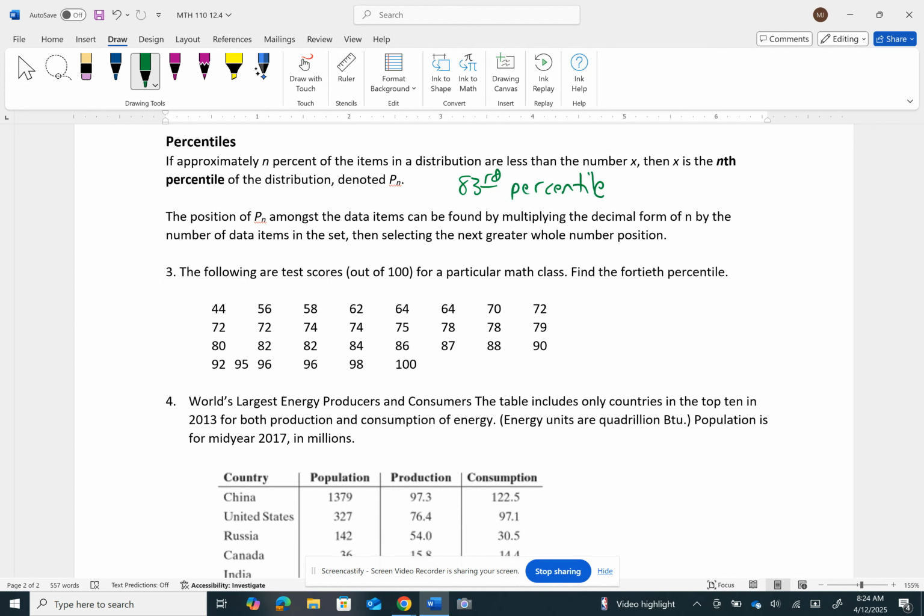Okay, so think about that. So 83rd percentile was that example we did earlier. So the data value would be greater than 83% of the data values, okay?